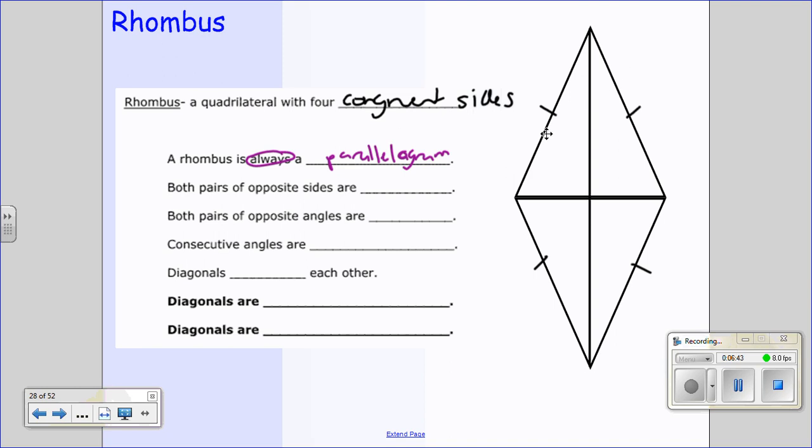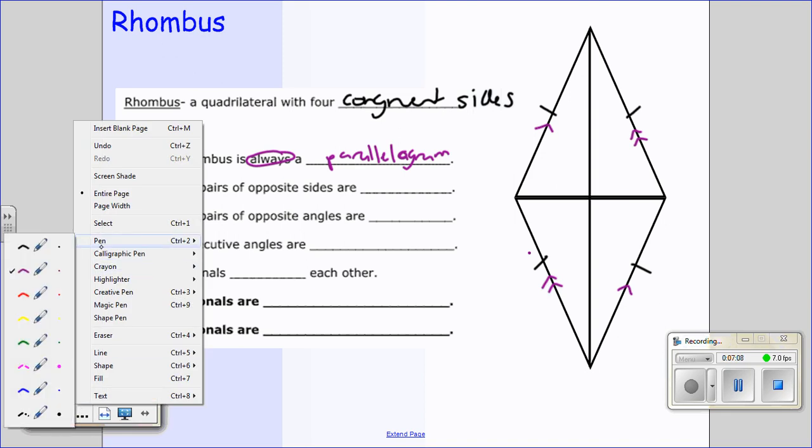So let's mark that as well. So arrow, arrow, arrows, plural, and arrows, plural. Those are the opposite sides, and those are the sides that are parallel.